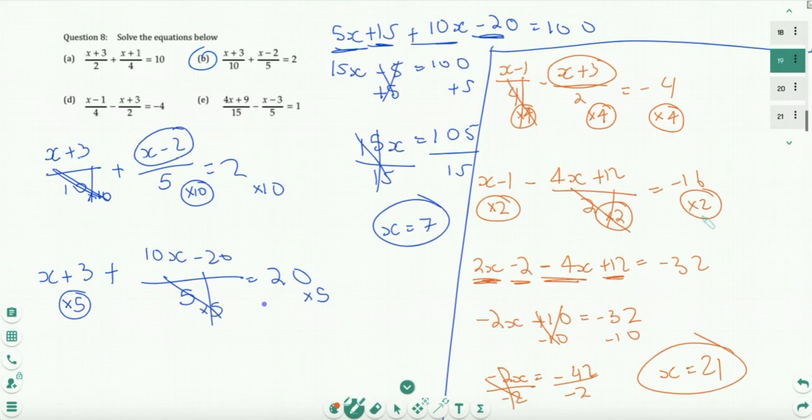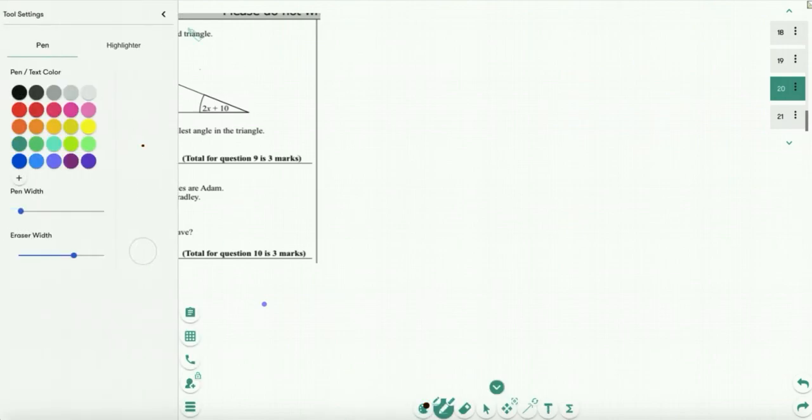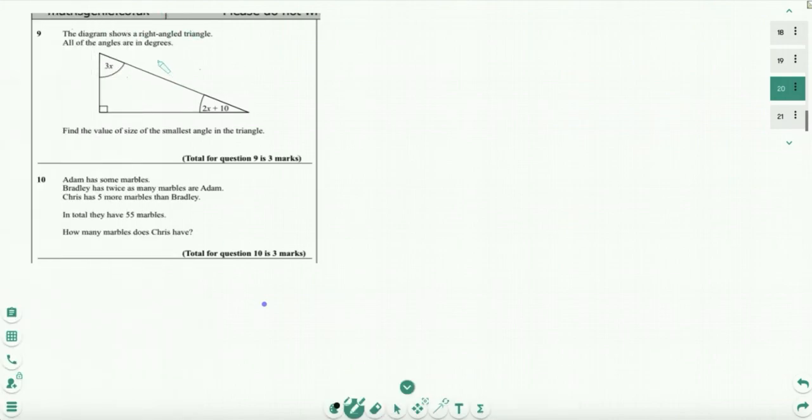Okay. Now let's look at some word problems, okay? To apply this. The diagram shows a right angle triangle. All of the angles are in degrees. Find the size of the smallest angle in the triangle. Well, what do we do here, guys? Well, let's think about this information.